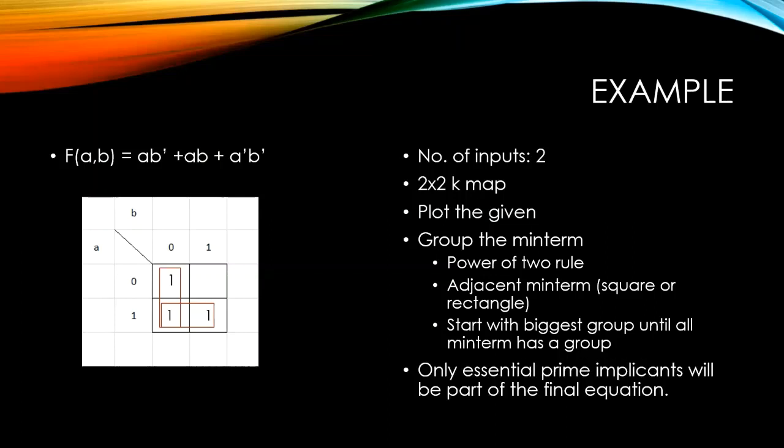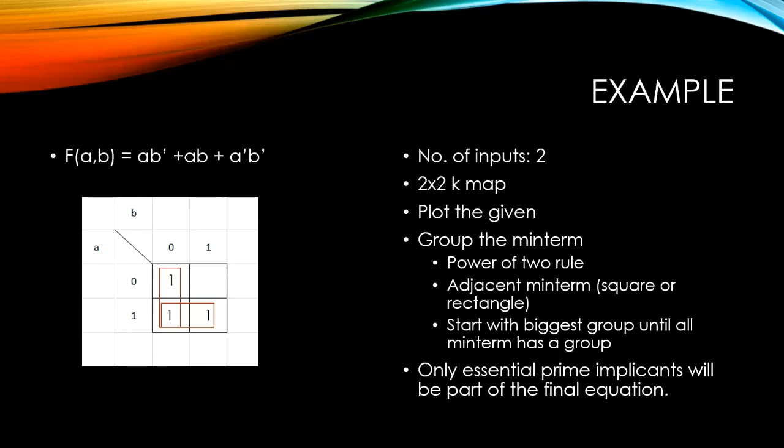We're going to check if all groups are essential. To be essential, at least one min term or max term is exclusive to that group. So in this group, do we have an exclusive min term? Yes, this min term is not shared with the second group. How about the second group?